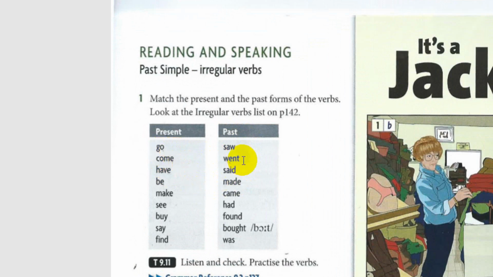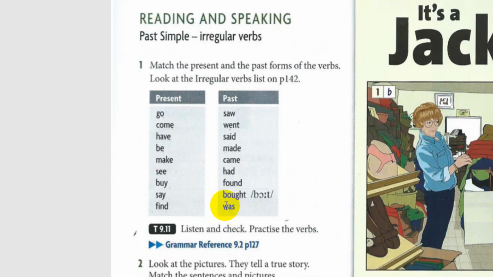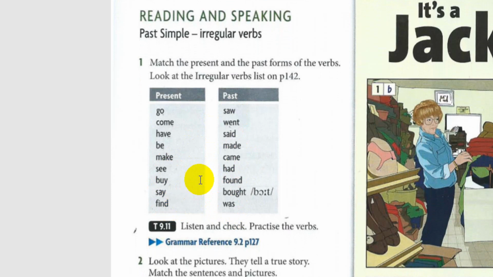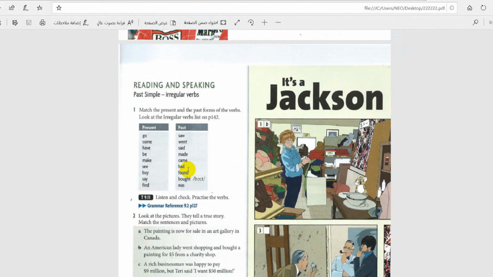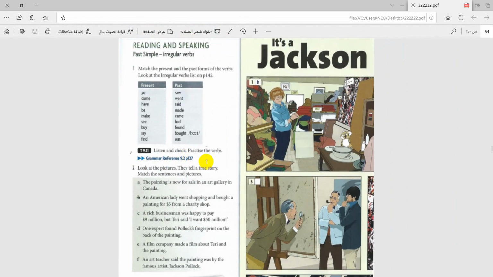Come with came. Have with had. Be with was. Make with made. See with saw. Buy, bought. Find with found. Okay, listen and check, practice them.